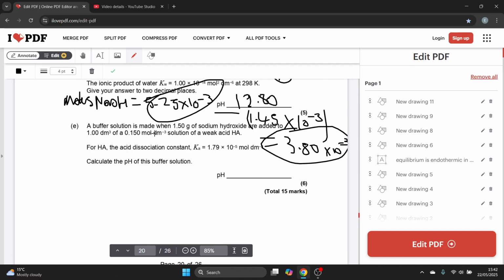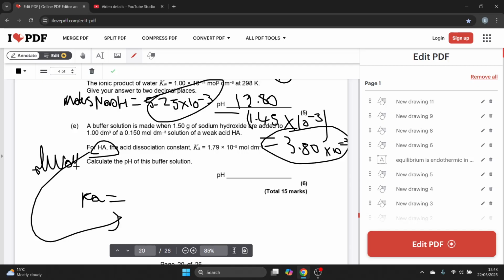Then it says a buffer solution is made when this much is added to this much of a weak acid, and it gives me Ka, so I'm going to write Ka. It tells me it's for HA, so whenever it tells you something for Ka, that's always the denominator. So I've got HA on the bottom, the concentration obviously.